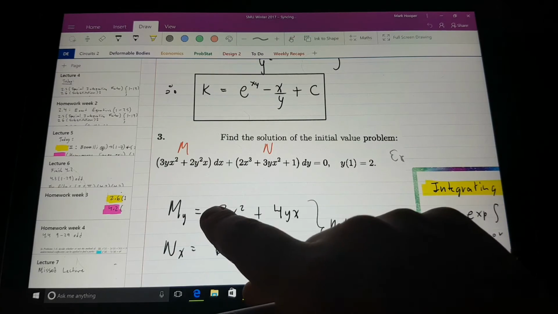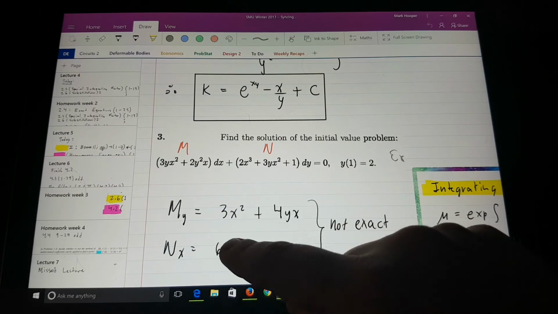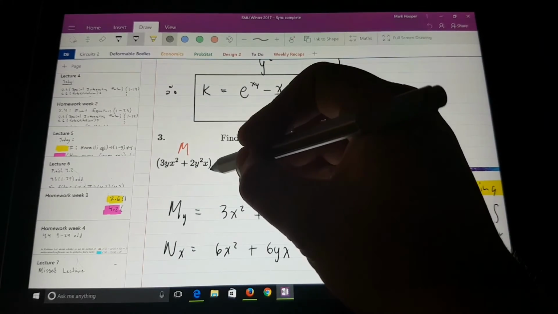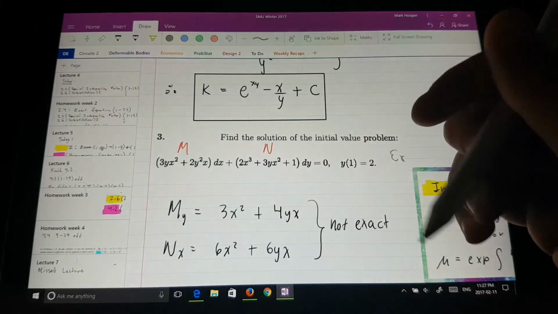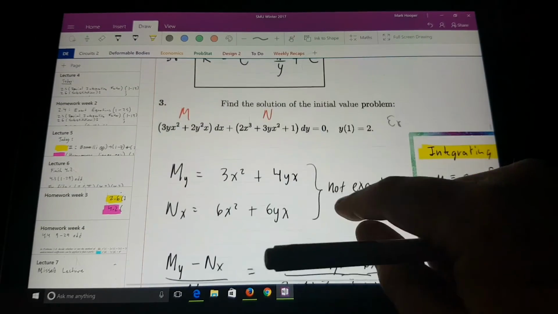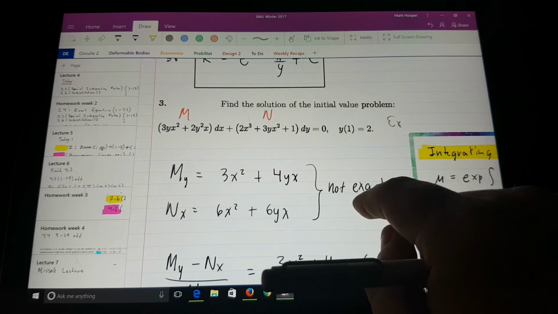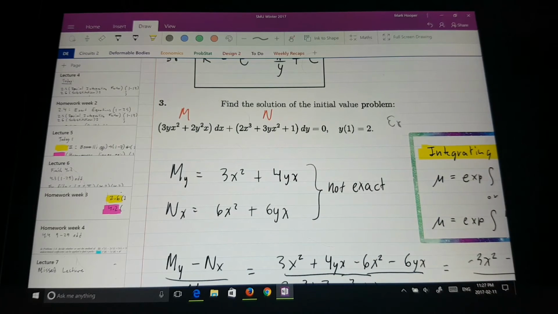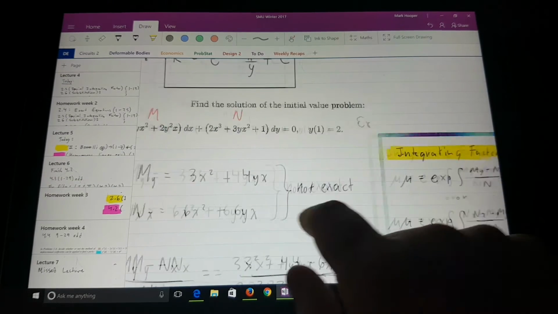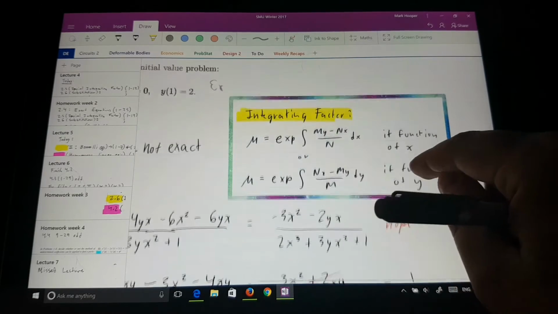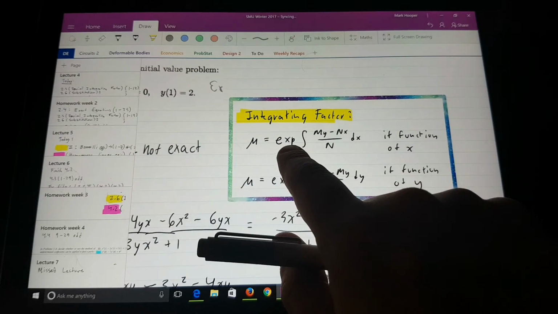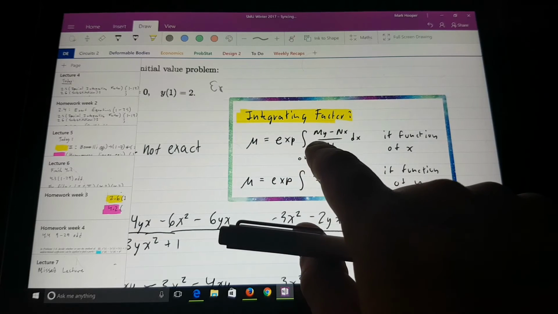So take the two partials with respect to the other variable, whatever is the opposite of this. And we're going to find out that these aren't exact. So now we can use an integrating factor with these ones. And so all we have to do is, the integrating factor mu is e raised to the integral of this.